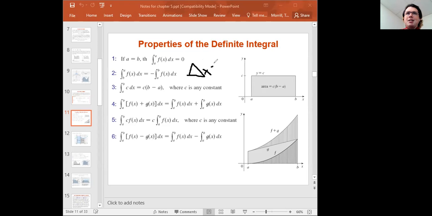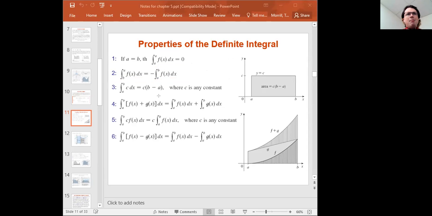If delta x is b minus a all divided by n, and I switch the order of a and b, then I've changed my delta x from being a positive number to a negative number. So this comes up as a consequence, again, of just following that formula for approximating the area.